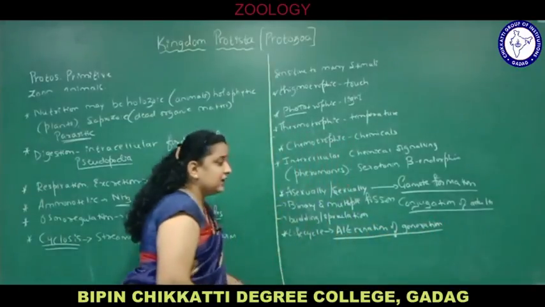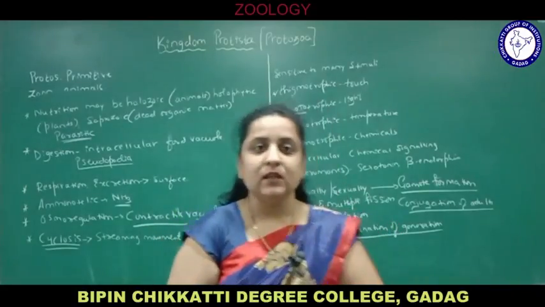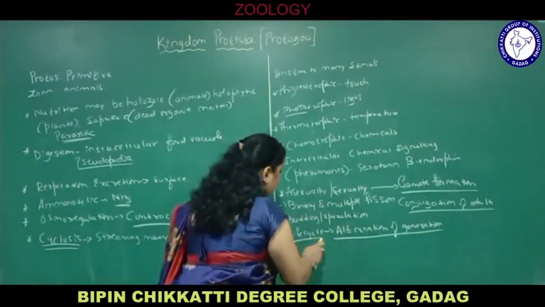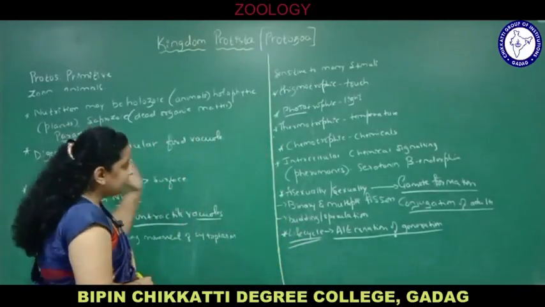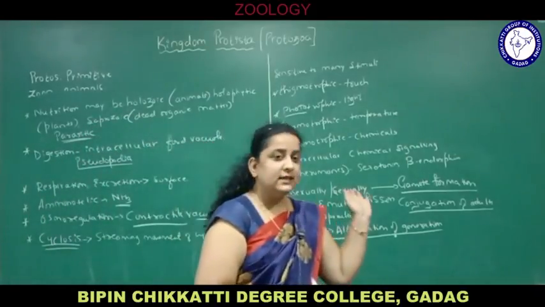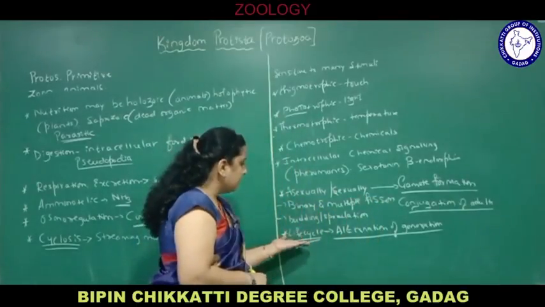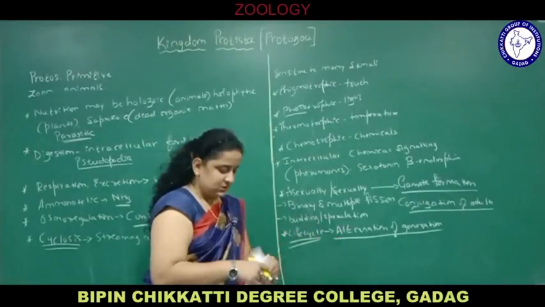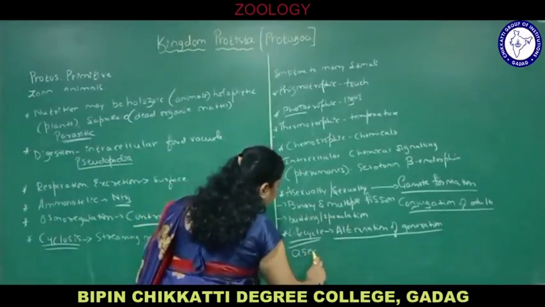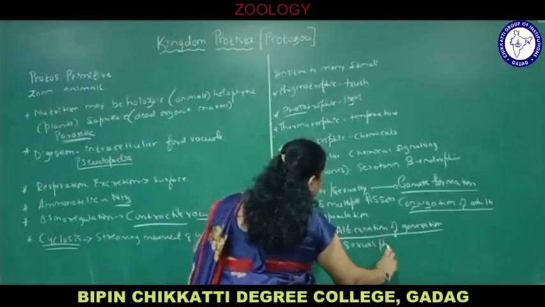This we'll discuss in detail while studying the life cycle of different organisms, like Plasmodium vivax, Entamoeba histolytica. Because these are all the general characters of phylum Protozoa, all the things you have studied here are applicable to all the organisms in general. So the life cycle shows alternation of generation, and it includes asexual and sexual phases.